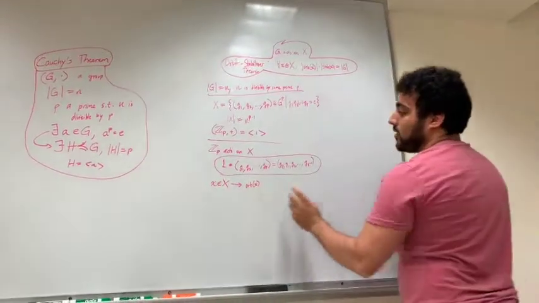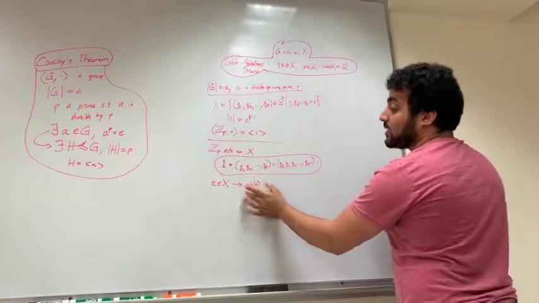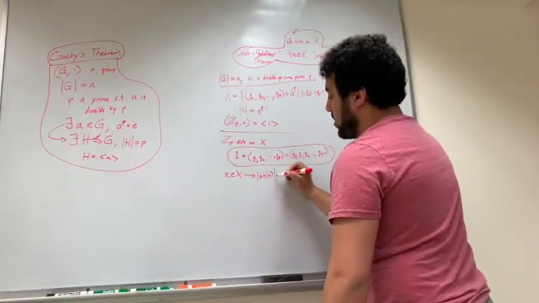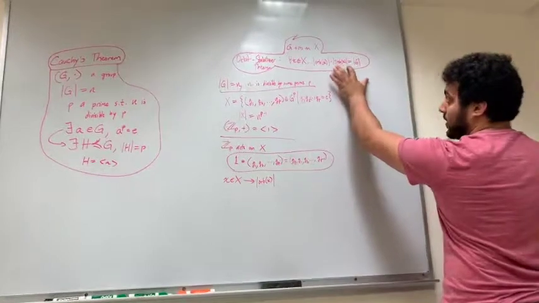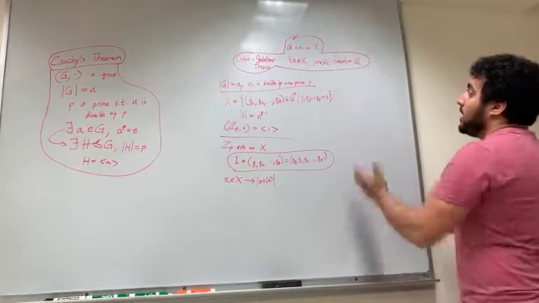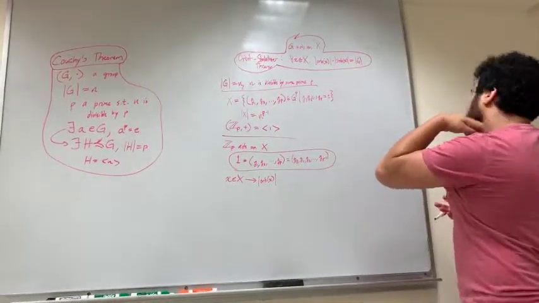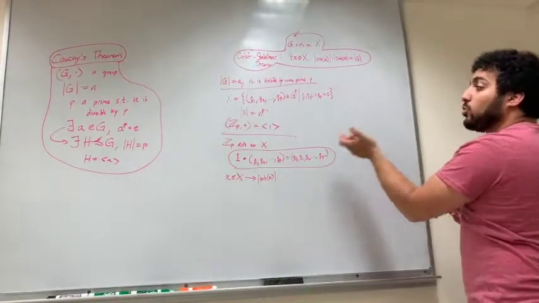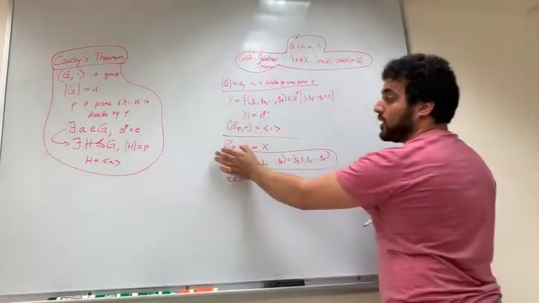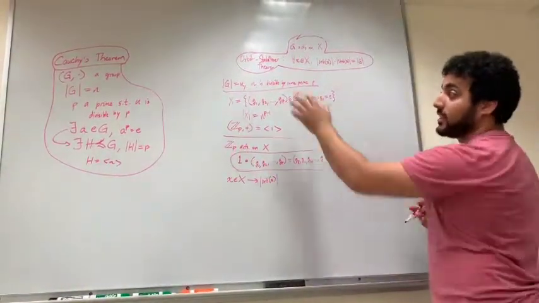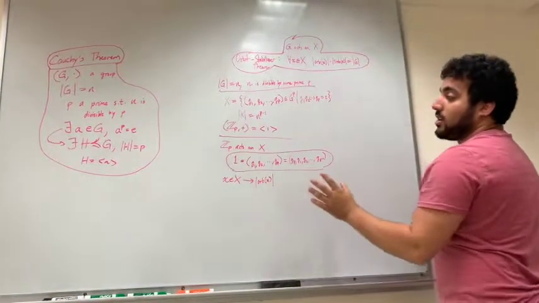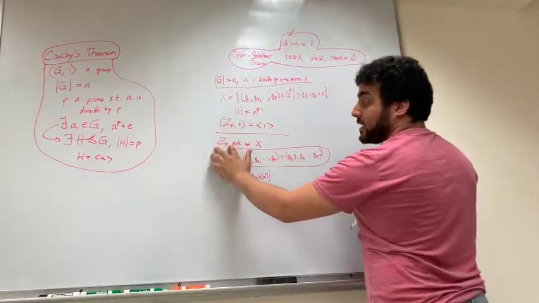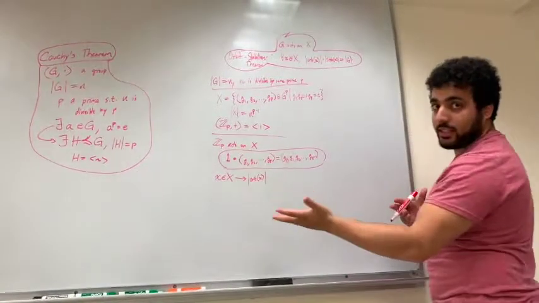We know that the size of the orbit of x, times the size of the stabilizer of x, which is some other positive integer, has to be the size of the group that's acting on it. The group that's acting on it is Z_P, it's not G. So the size of the group acting on X is P. It's the integers mod P.